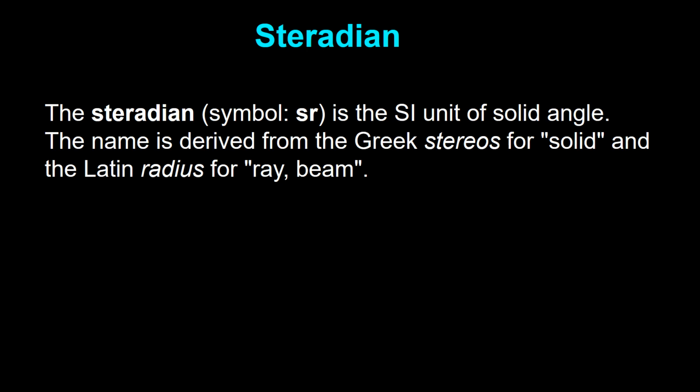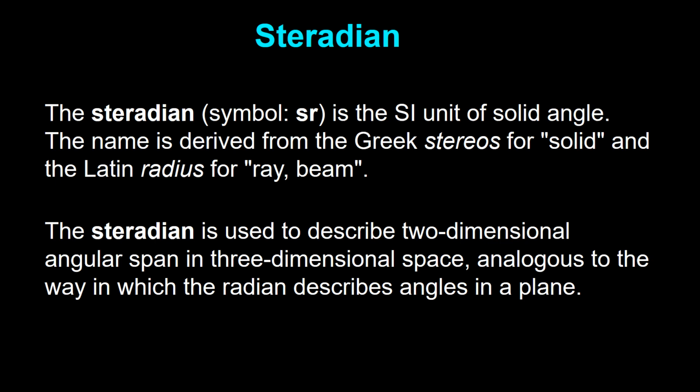The name derives from the Greek stereos, meaning solid, and the Latin radius, meaning ray or beam. The steradian is used to describe two-dimensional angular span in three-dimensional spaces. This is analogous to the way in which we use radians to describe angles in a plane.